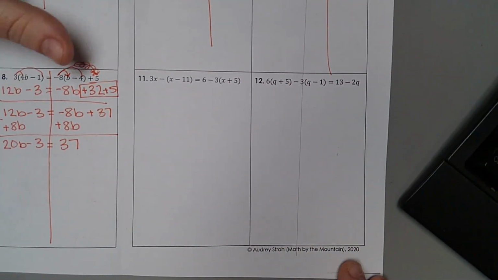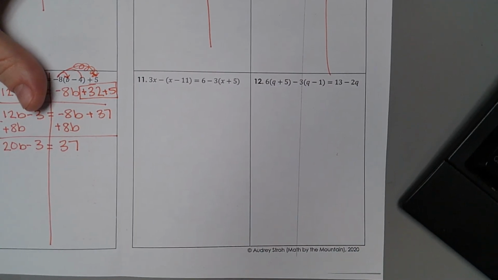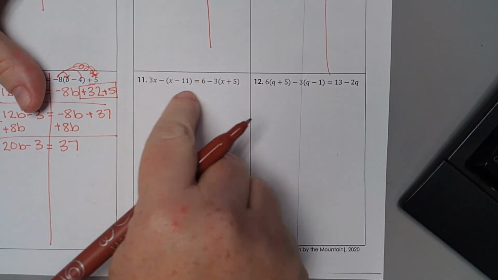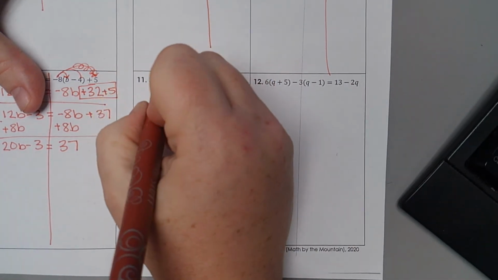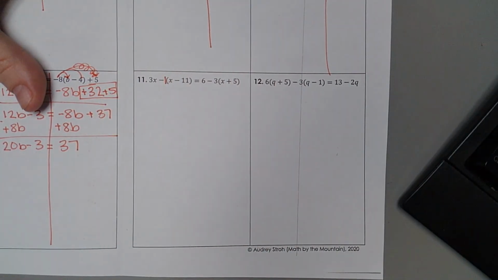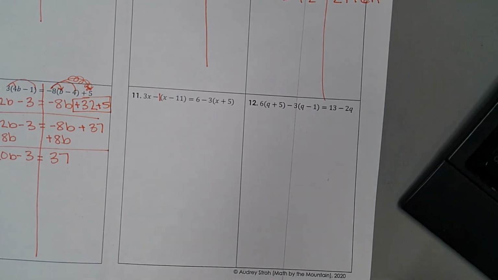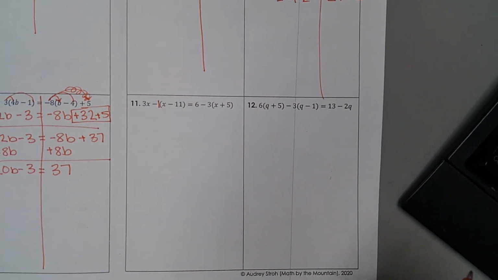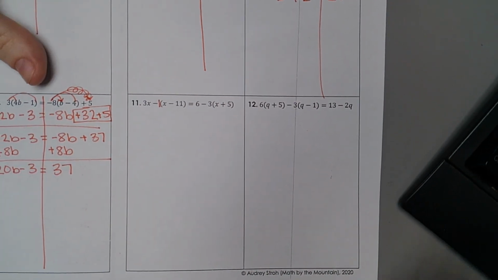Number 13. We have some distributing on both sides and combining like terms. So because I have this minus and then whatever's inside here, there's a 1 there. So I'm going to distribute my negative 1.